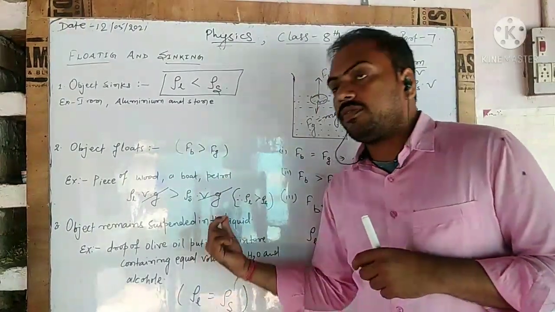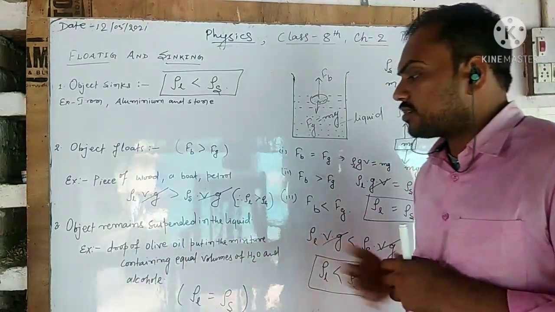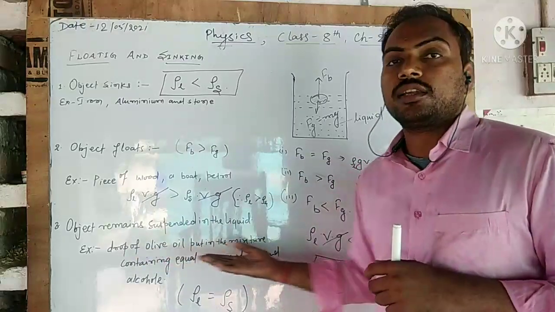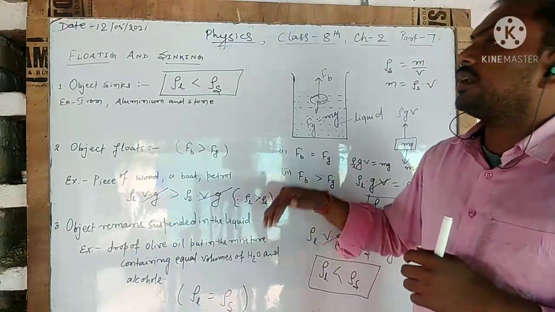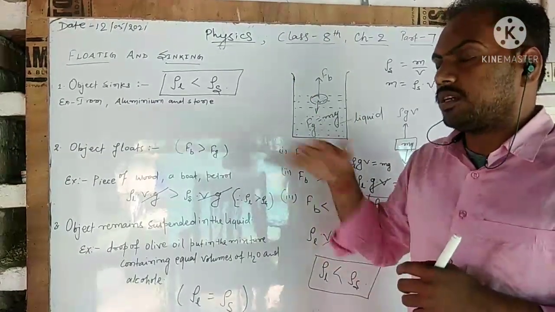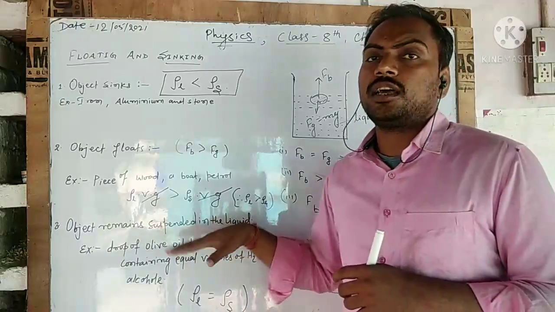If the density of liquid is equal to the density of substance, the substance will remain suspended in the liquid. Neither will it settle down, nor will it be on the top surface. It will just remain suspended in the liquid.